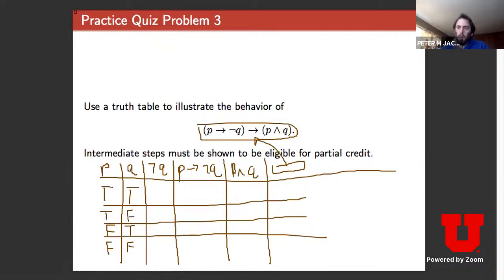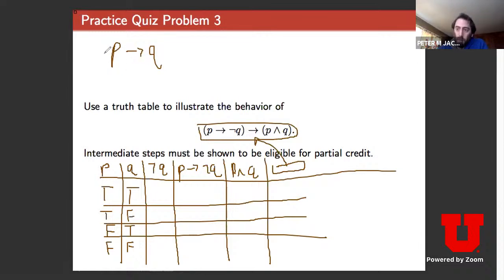All right. So there's a lot of questions in the chat. I think the main question is about the implication and when the implication is true and when it's false. So just to remind you, this statement P implies Q is false when P is true and Q is false, and otherwise it's going to be true.